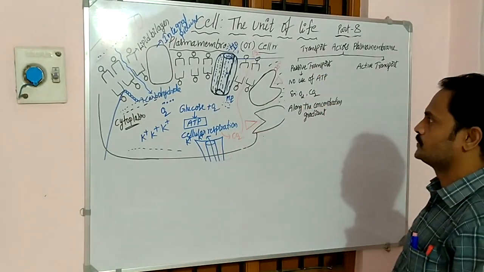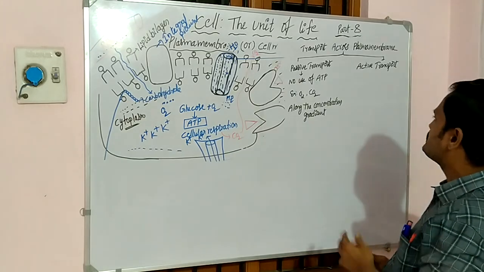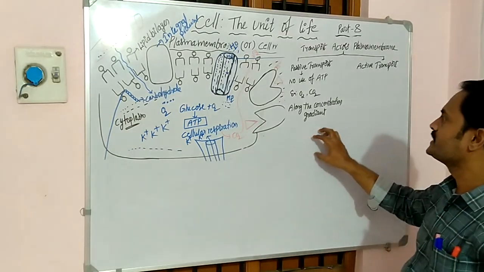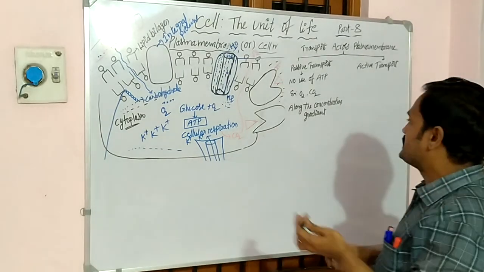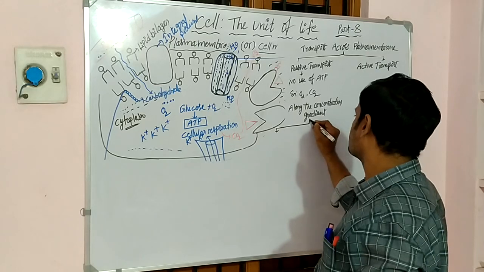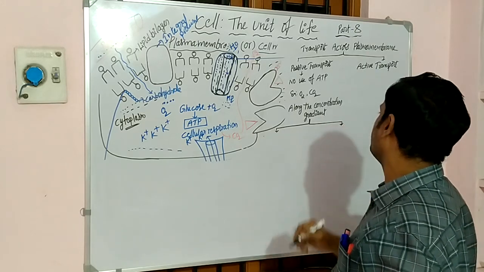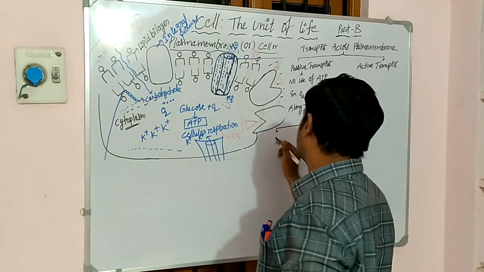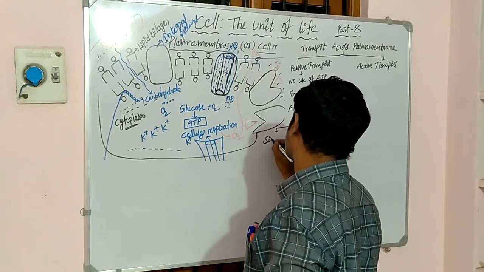Okay, this is called passive transport. Then this passive transport is not a single type. It is also divided into two types. What are they? One is simple diffusion.